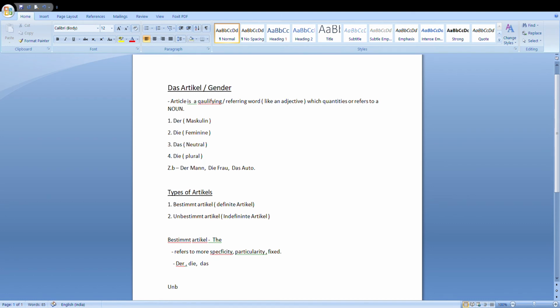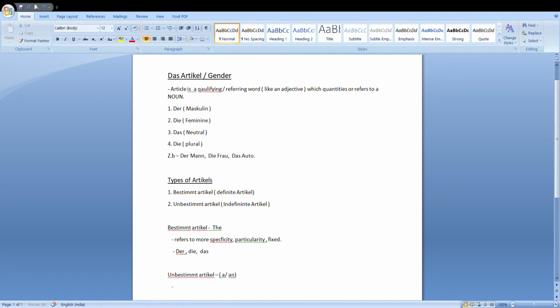Then we have the unbestimmt Artikel, the indefinite article, which is a or an, which refers to not sure, not specific, not particular.